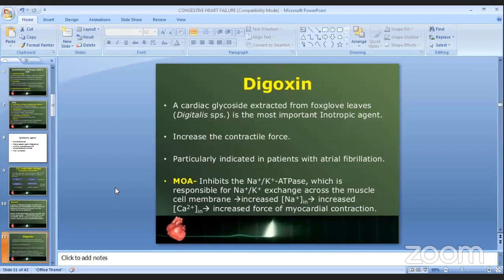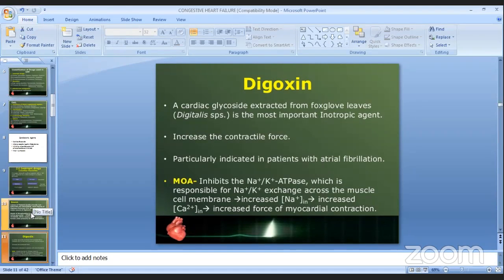It inhibits the sodium-potassium ATPase and increases the sodium level inside the cell, and thereby increases intracellular calcium ions, and ultimately myocardial protection takes place.